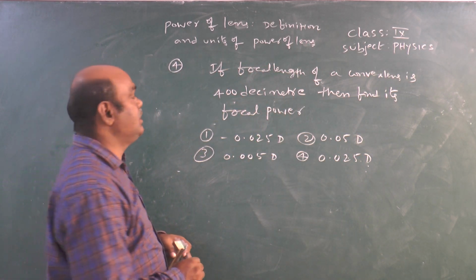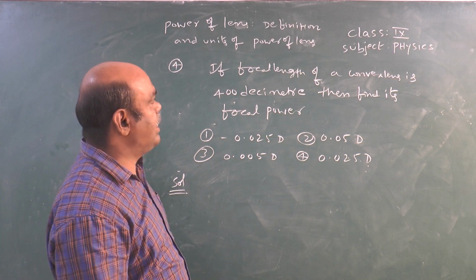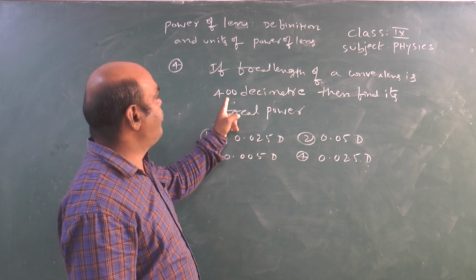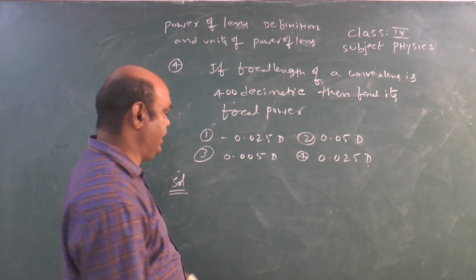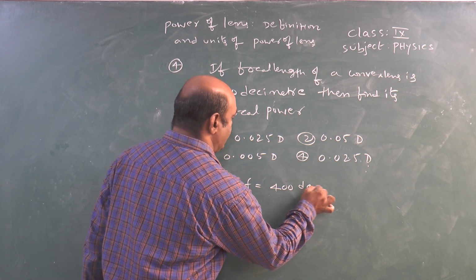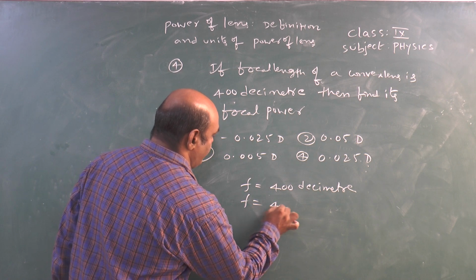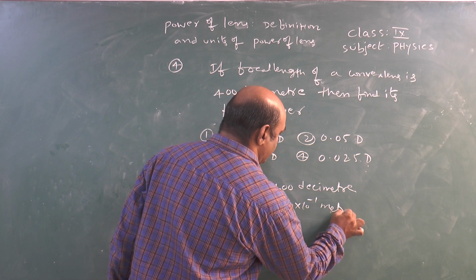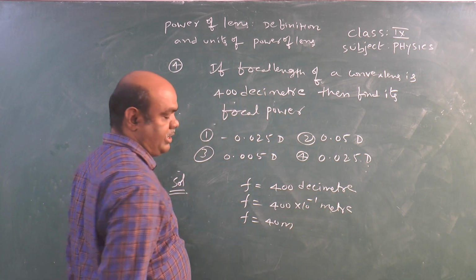In this problem, what is the focal length given? The focal length of a convex lens is 400 decimeter. So f equal to 400 decimeter. We can write 400 into 10 power minus 1 meter, so the focal length is 40 meter.